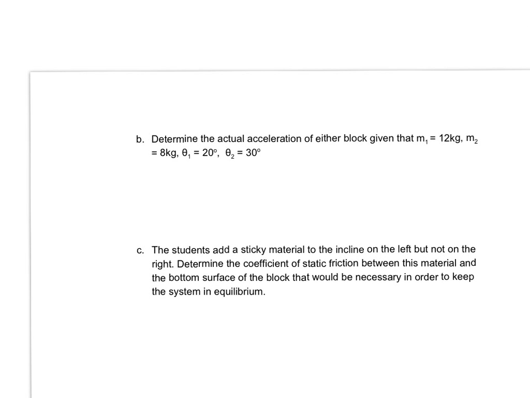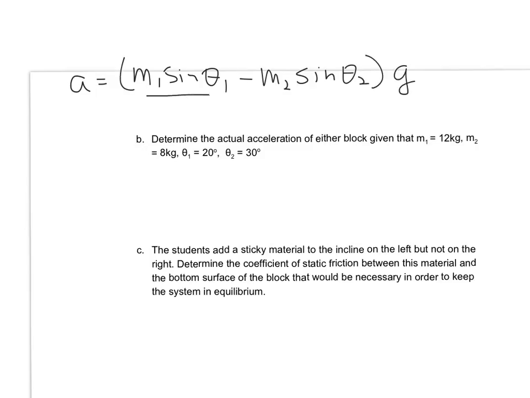Now we know we have the equation A equals m1 sine theta 1 minus m2 sine theta 2, all times g, over m1 plus m2. Okay, so we take the numbers and we plug them in, and this is exceedingly simple.